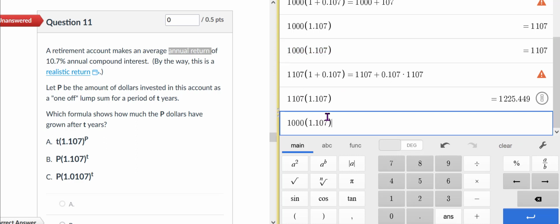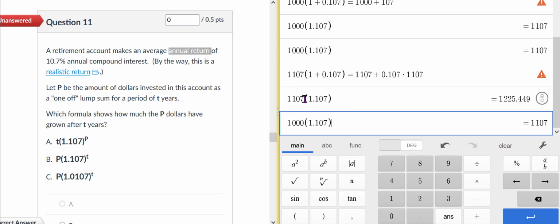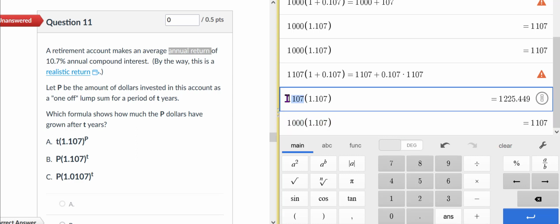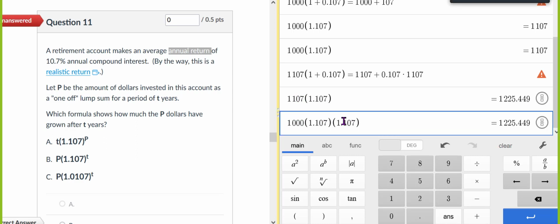We went 1,000 times 1.107. So to get what's in there after the second year, this in blue is the same thing as this in blue, isn't it? This shaded is the same thing as this shaded, right? That's that number there. So this is how we get what's in there after 2 years.